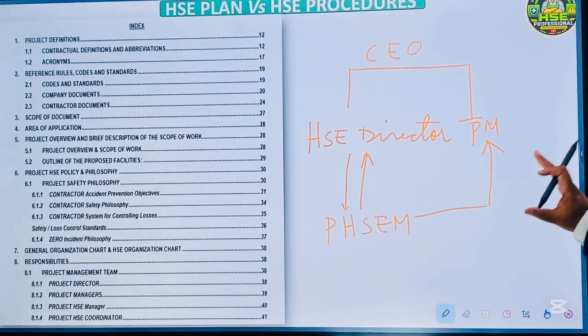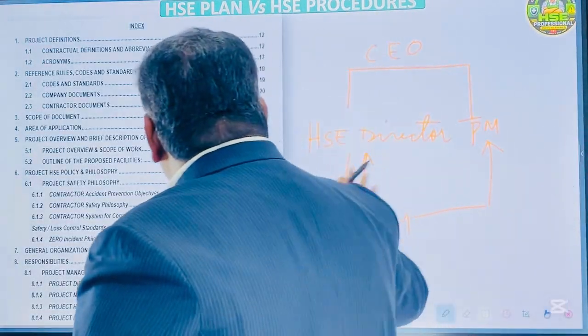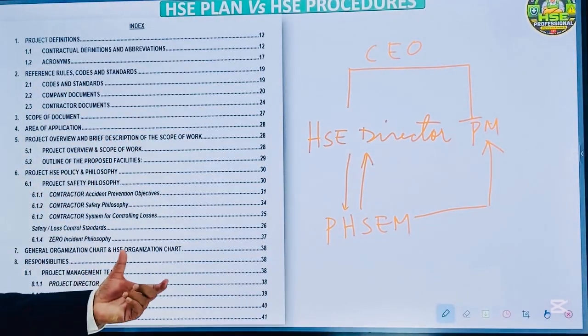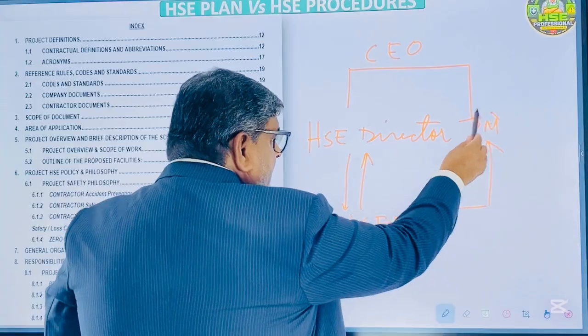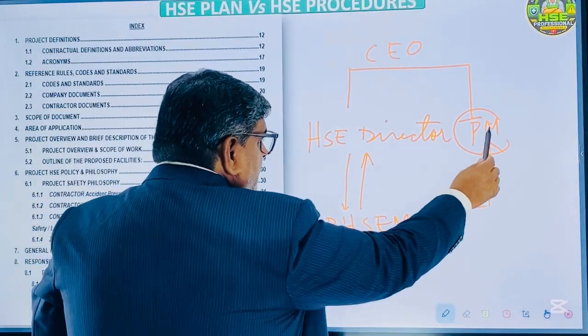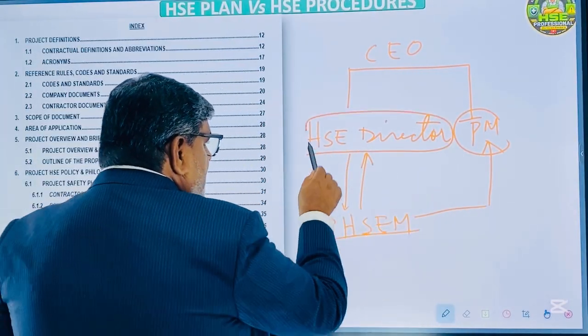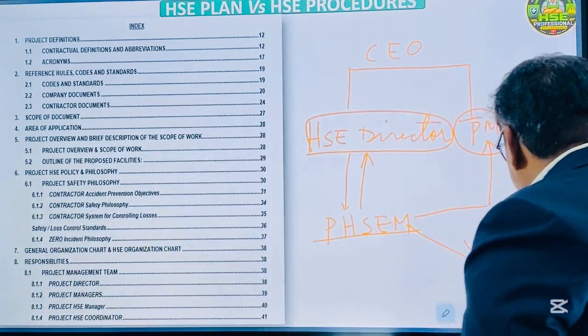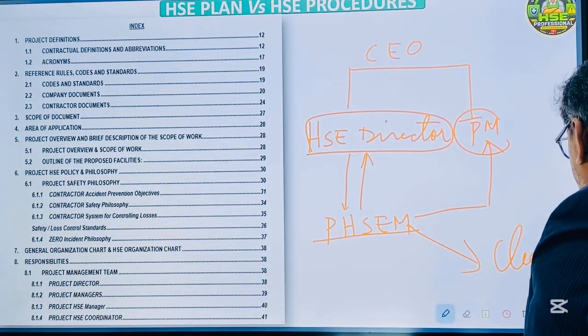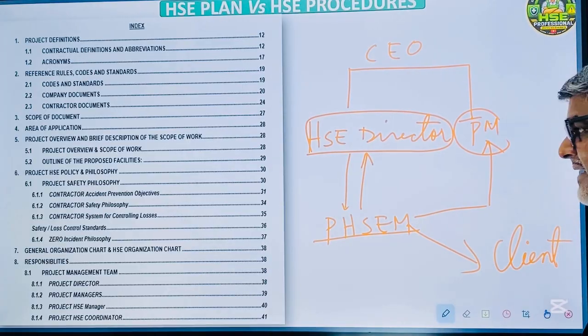Okay, so this is the brief HSE organization of how to report. HSE manager can report to PM, he has to report to his director, and even he has to report to his client. He has to report to his client HSE department.